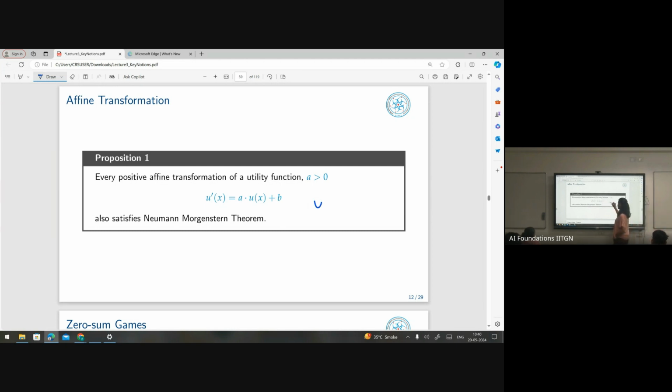The idea is I had a previous utility and I preferred O1 over O2. Now, under the transformed utility, wherein I have transformed U1 to U dash, here also I strictly prefer O1.